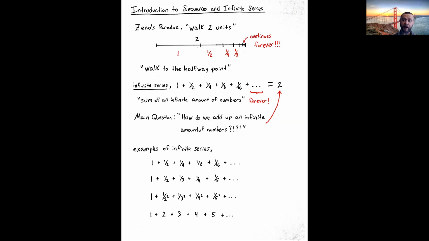All right, the third one there is one of my personal favorites. We're going to add up the reciprocal squares of the natural numbers: 1 plus 1 over 2 squared, plus 1 over 3 squared, plus 1 over 4 squared, plus 1 over 5 squared, and so on.